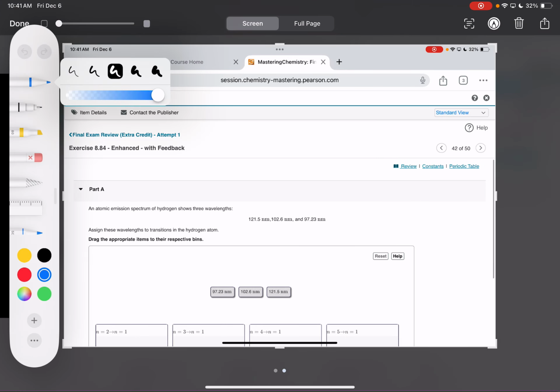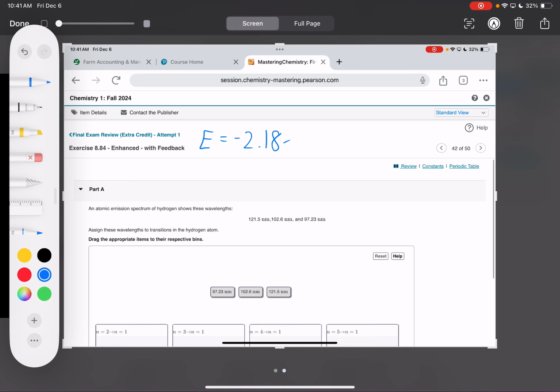Okay, so the equation you're using here is that energy equation, negative 2.18 times 10 to the negative 18th, 1 over n final squared minus 1 over n initial squared. Now, the negatives I know throws people. This is asking for a wavelength, and we never report wavelengths or frequencies as negative.